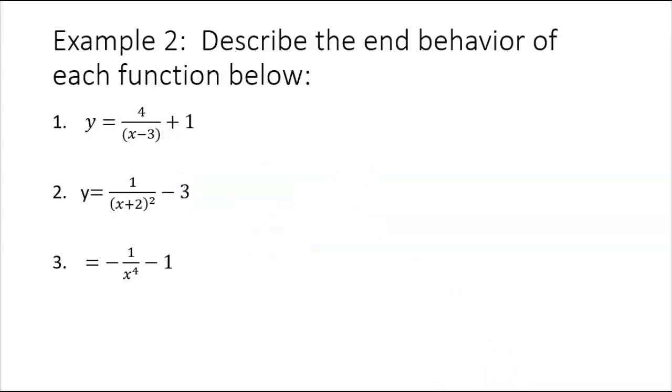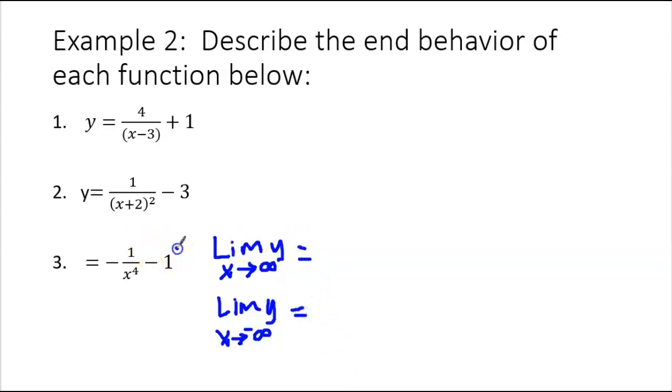All right, let's take a look at number 3. Once again, we're going to do our end behavior on the right side, and we're also going to do our end behavior on the left side of the graph. And on both sides, the end behavior is equal to whatever your horizontal asymptote is.